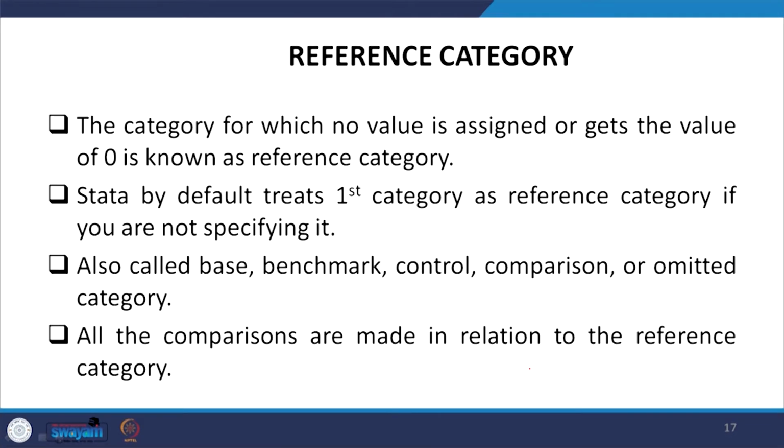If you do not specifically mention another category in your command, the first category is considered by default as the base. This reference category is also called the base category, benchmark category, control, comparison or omitted category, so all the comparisons are made in relation to the reference category.